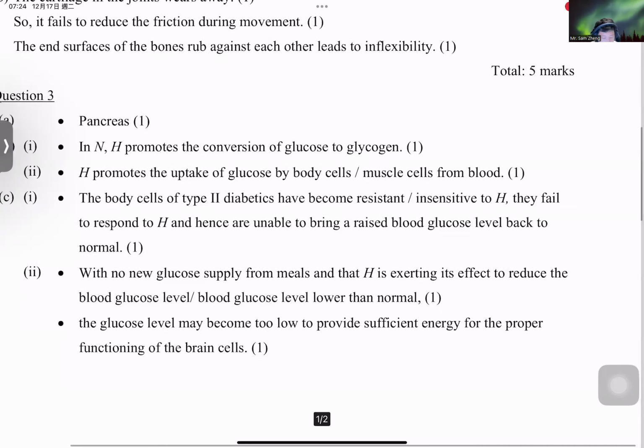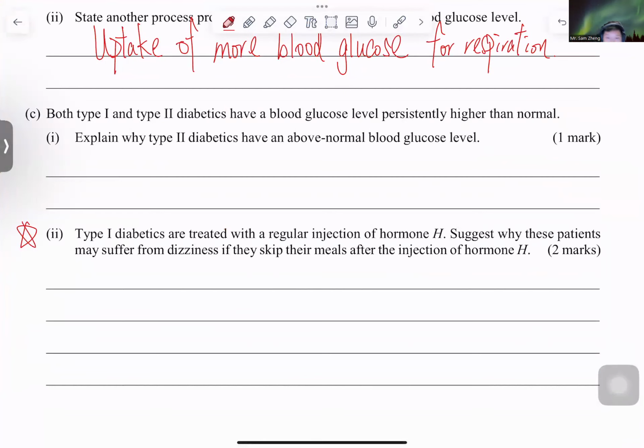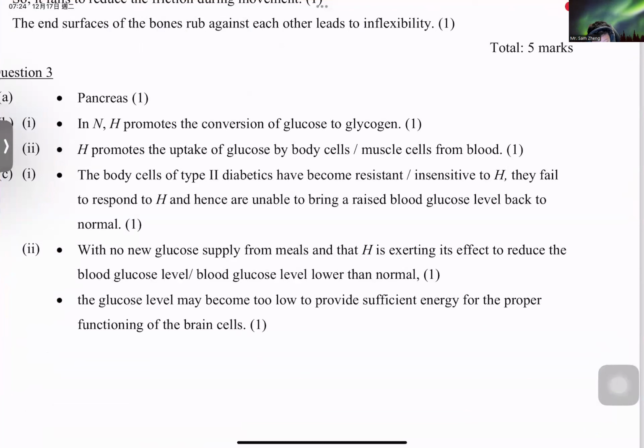Okay. Then next, many of you already forgot. In fact, this question I have already worked through with you in the lessons. Remember why it would be easy for us to feel dizzy? If we inject the insulin before the meal, you will notice that after the injection, our blood glucose level will be lower than normal.